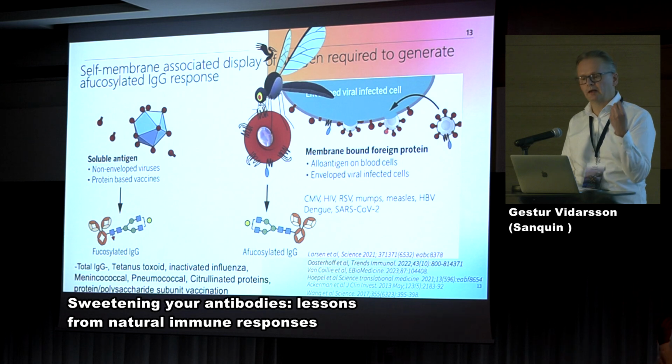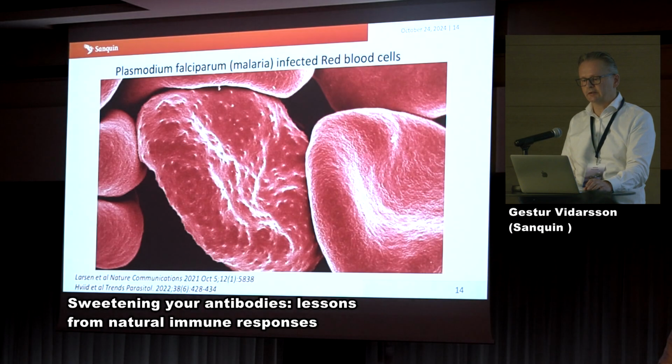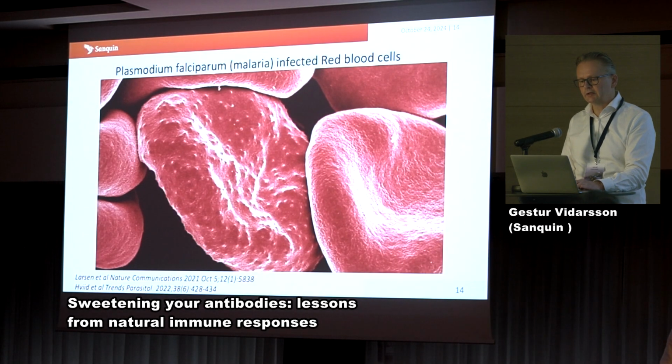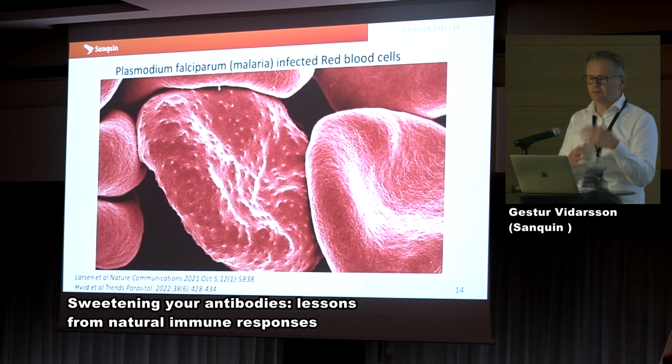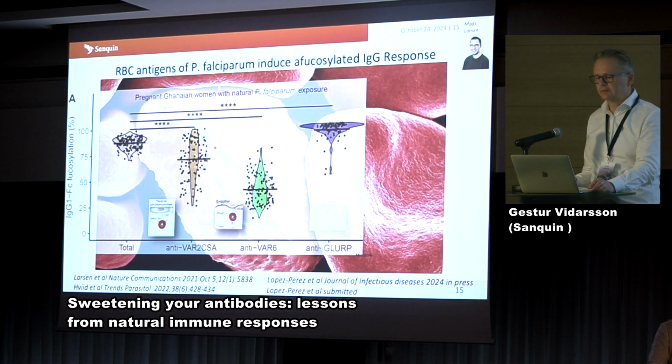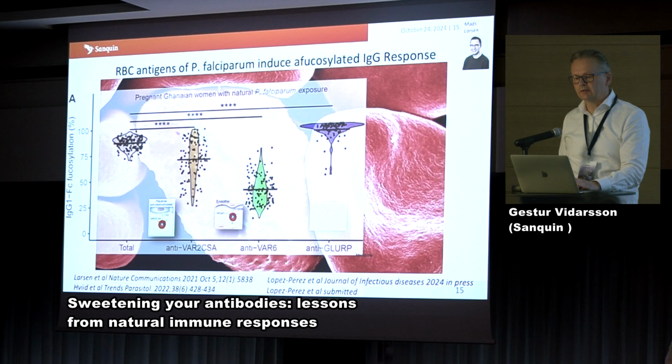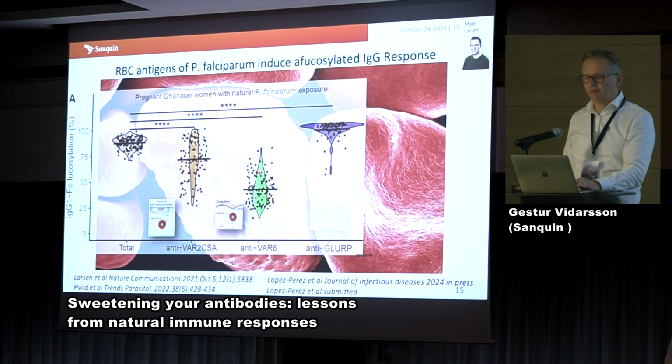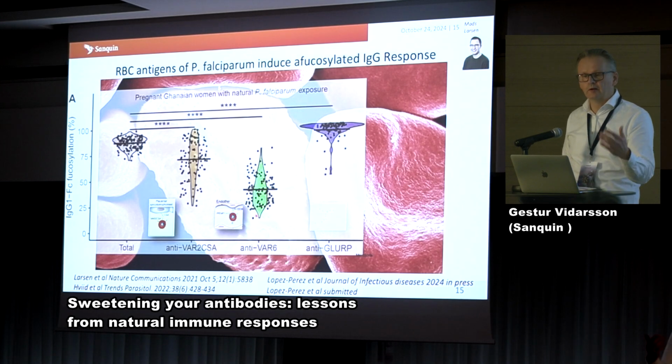Those parasites express proteins in red blood cells, forming anchor proteins that transform the cells to adhere to endothelial cells so they're not gobbled up in the spleen by macrophages. We looked at immune responses to those proteins, and indeed antibody responses to them are extremely afucosylated. Everybody has afucosylated antibodies, down to almost the same level as we saw in alloimmune responses, but it's highly variable.